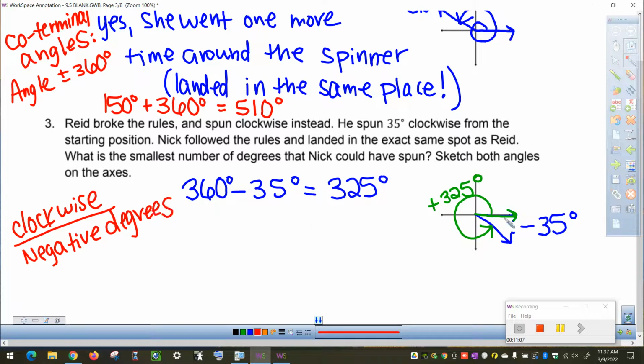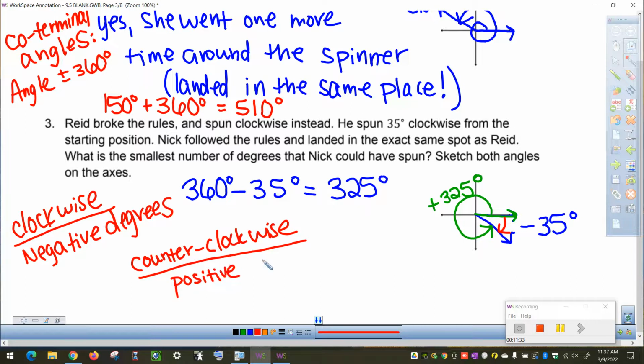And I'm actually going to add in my picture over here for that negative 35-degree label, put that little arrow in to show that we're going in the opposite direction. And while we're at it here, let's just say the counterclockwise direction that we started with, that's how we get positive degrees.